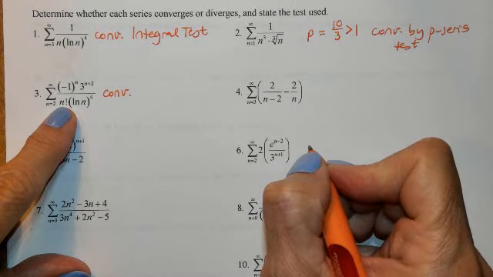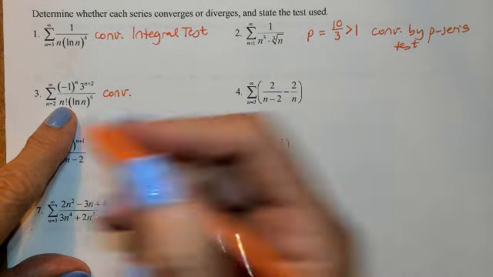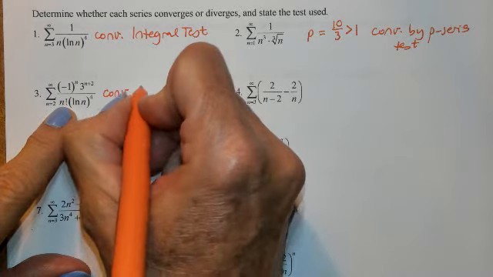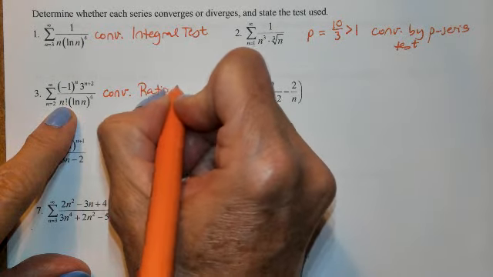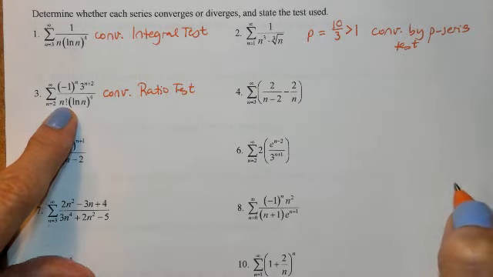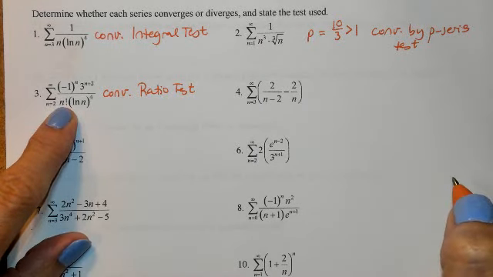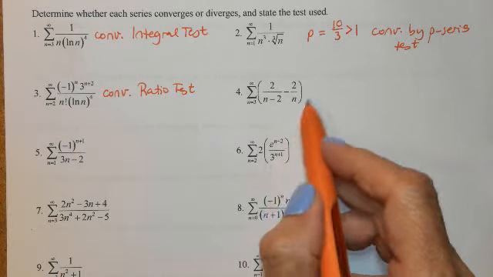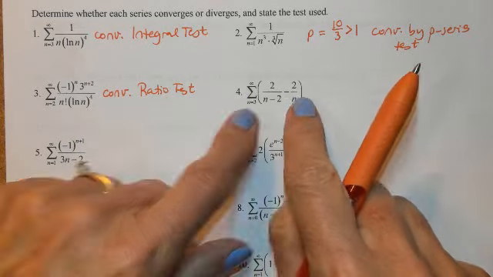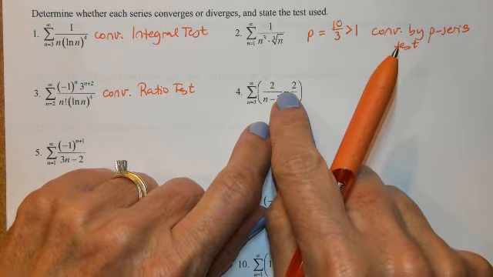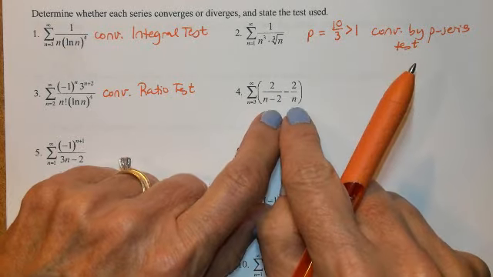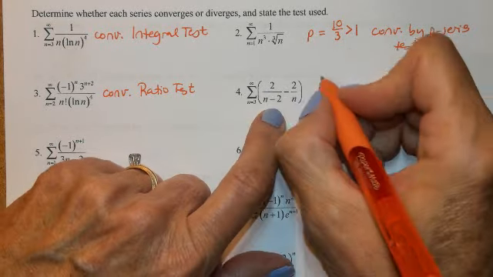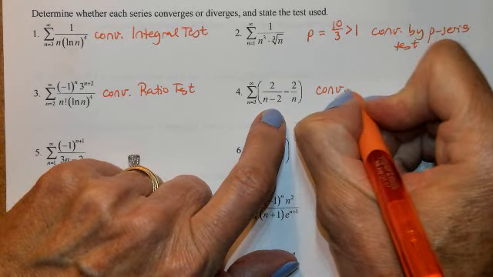It's a factorial, so I would use the ratio test. All right, what about this one? The numerators are the same. We have a minus and a plus. We have n's in the bottom. This is telescoping. And since it's telescoping, I know it's converging.